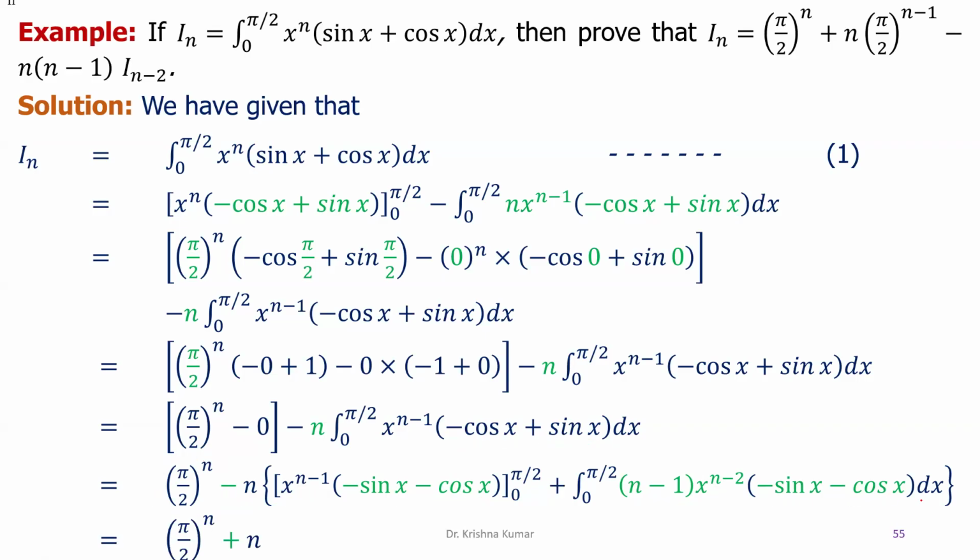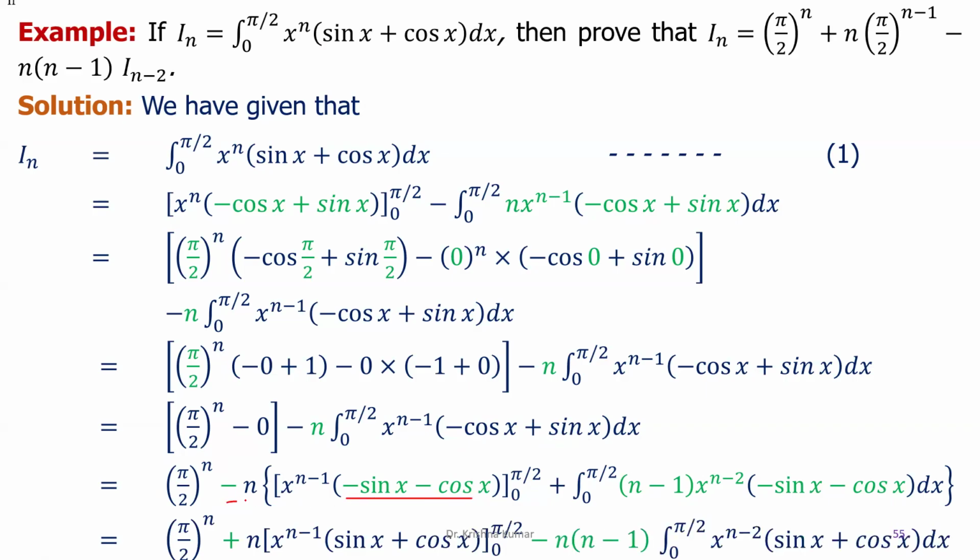So which gives us, if we take the minus outside, it will become plus n x to the power n minus 1 (sin x plus cos x) under the limit 0 to pi by 2.